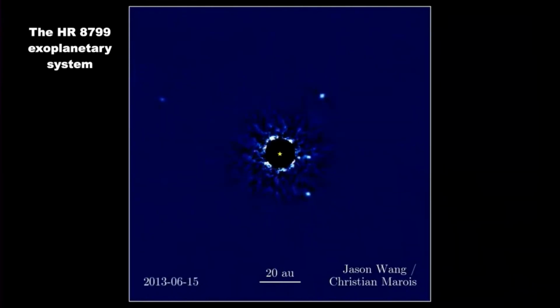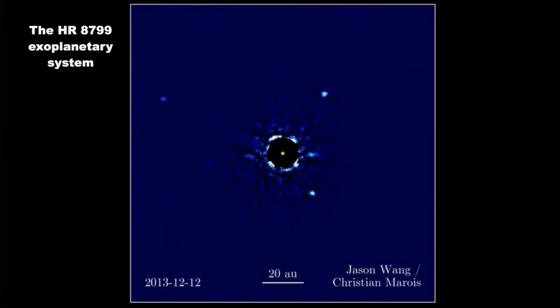I think it's a particularly stunning video because you have to imagine, this is a system that is 130 light years from us. The HR 8799 star hosts not fewer than 4 giant planets that are about 10 times more massive than Jupiter and approximately the same diameter as Jupiter.